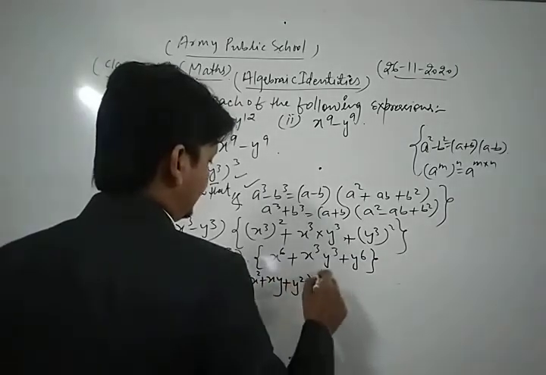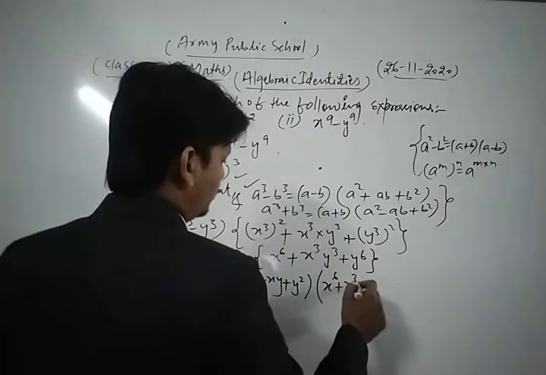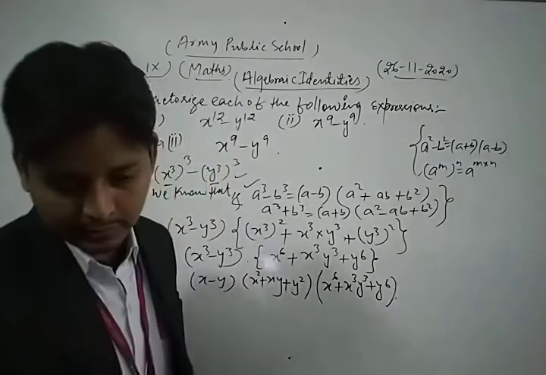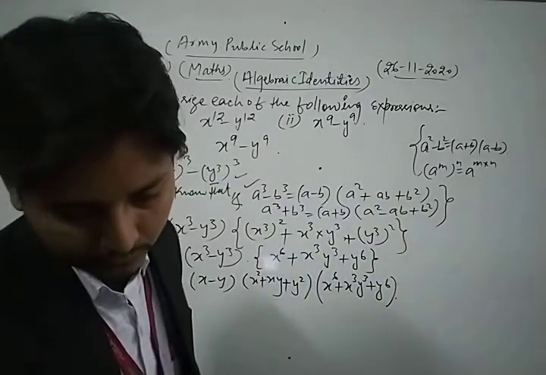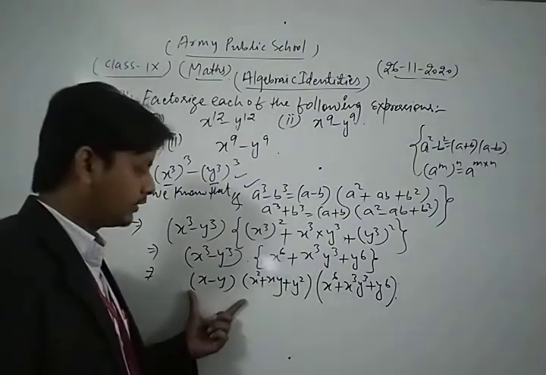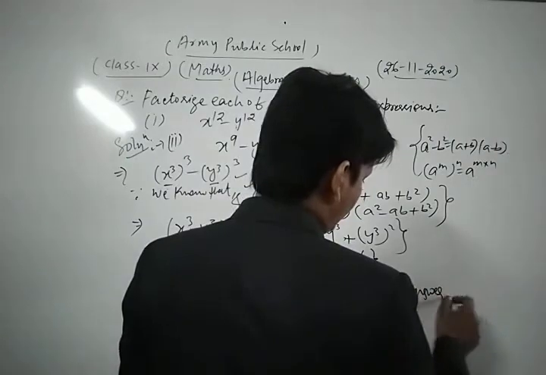In the last bracket, x to the power 6 plus x cube y cube plus y to the power 6 stays as it is. This is our required solution of the given question.